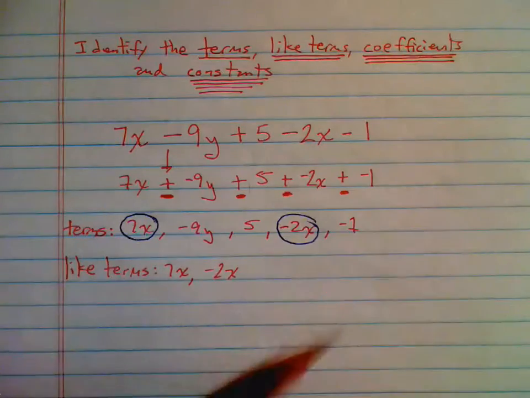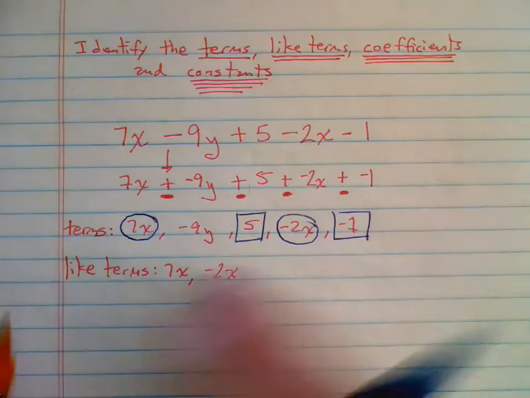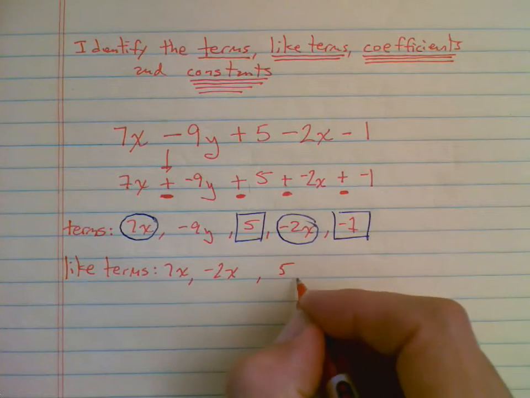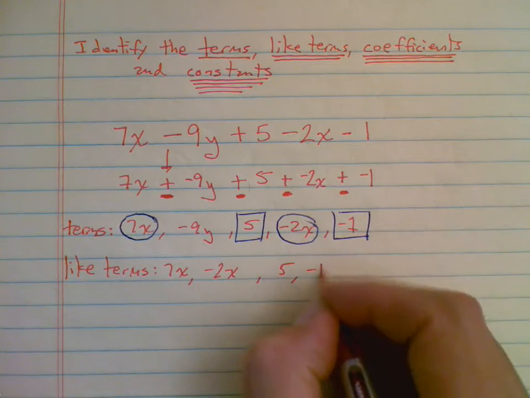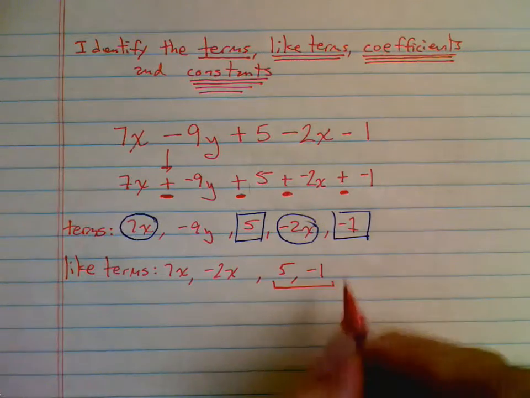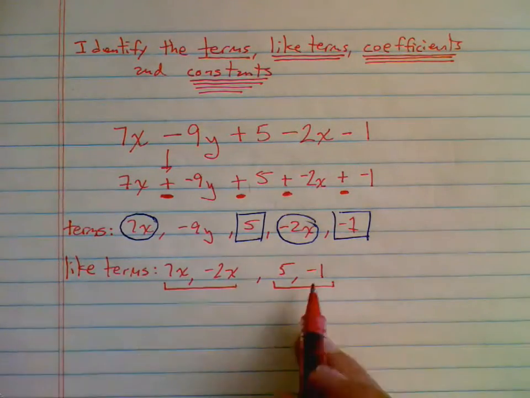But I also have these two terms that can be combined, my 5 and my negative 1. So 5 and negative 1 are also like terms. That is, I can combine 5 and negative 1, so this is one set of like terms, and I can combine 7x and negative 2x. I can't combine x's and numbers by themselves, constants.